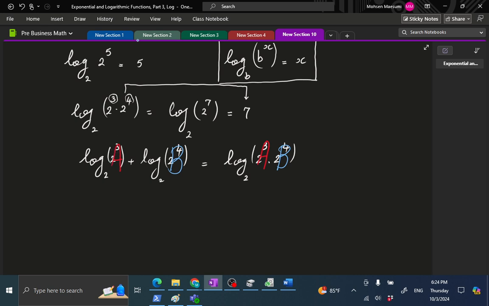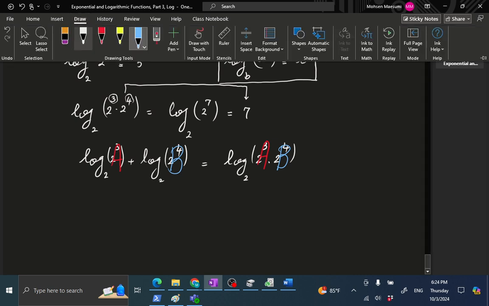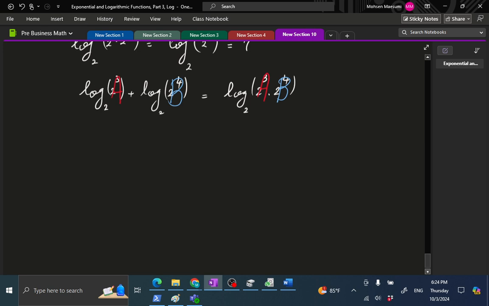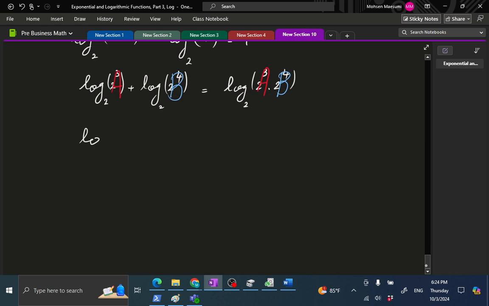We don't need to know anything specific about the particular numbers themselves. We have the following: logarithm of a product is equal to the logarithm of one entry of the product plus the logarithm of another entry of the product.